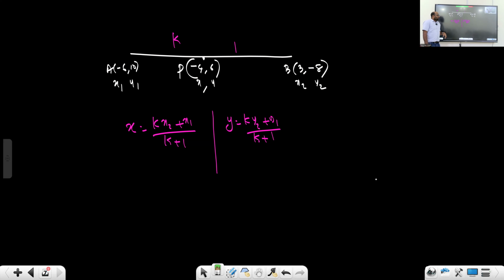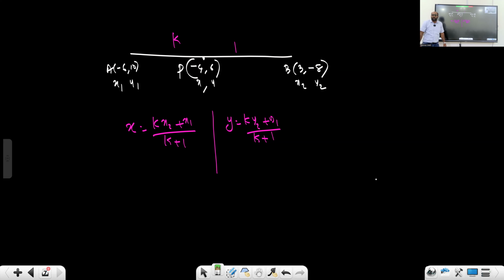y equals (k y2 plus y1) by (k plus 1). What you know is substitute. What is the x value? Check the diagram. Here we have x1, y1, x, y, x2, y2.